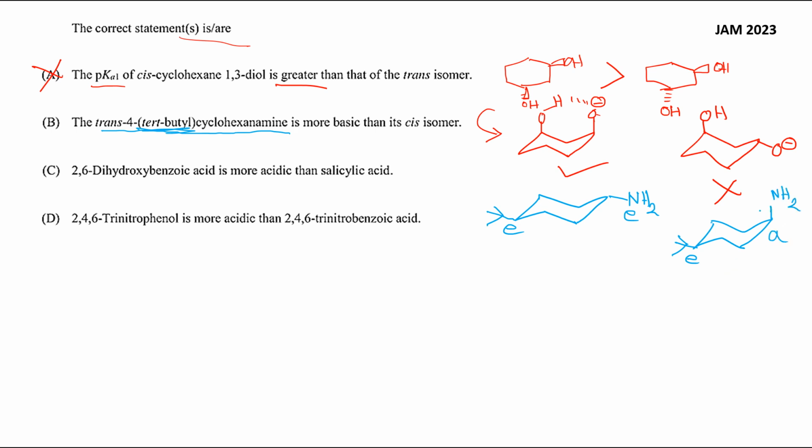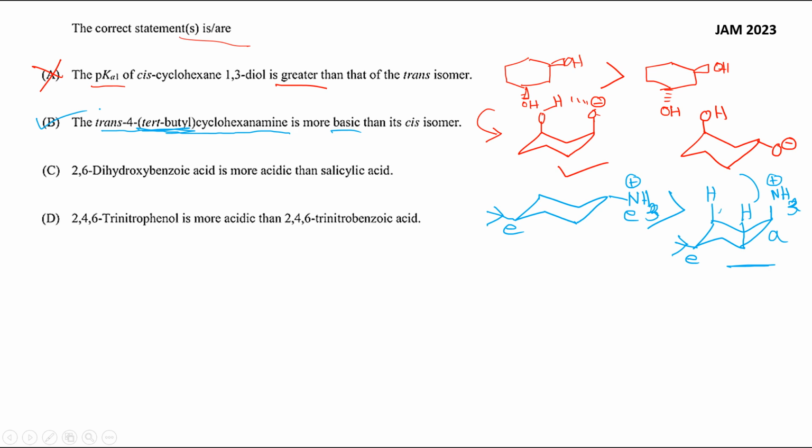Now for cis, after showing basicity, when the NH2 group is converted to NH3 plus, it becomes a larger group, and there will be interaction at 1 and 3 position in case of cis. So if you consider these two hydrogens at the 3 position, there will be steric repulsion. That means this conjugate acid that we are getting from cis is not stable. So basicity will be higher in case of trans. This is the order, that means this statement is correct.